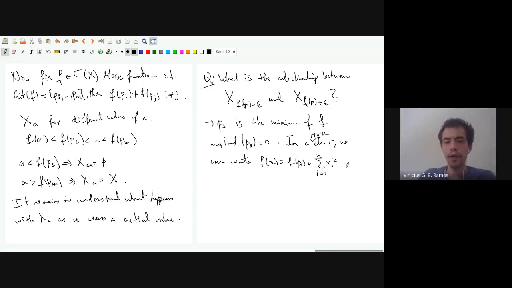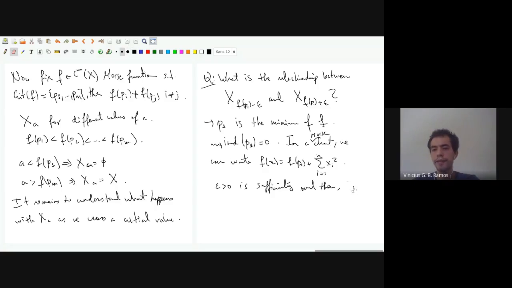Okay, so if epsilon is greater than 0 and sufficiently small, then it's kind of clear that the set where f is at most f of p1 plus epsilon is contained in the domain of the Morse chart.